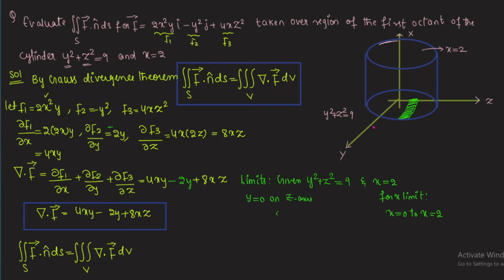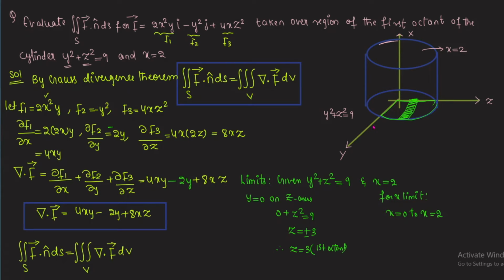So put y equal to 0: we have 0 plus z squared equal to 9, and z will be plus or minus 3, but we take z as the positive value 3 since the question asks for the first octant. This quarter circle, together with the lower quarter circle, will make the first octant.